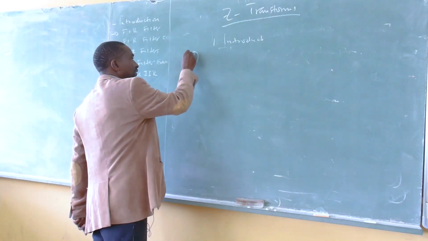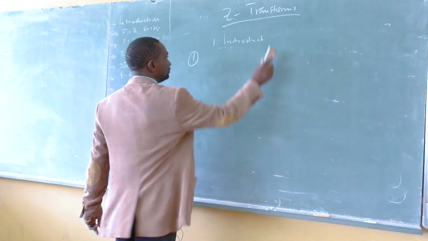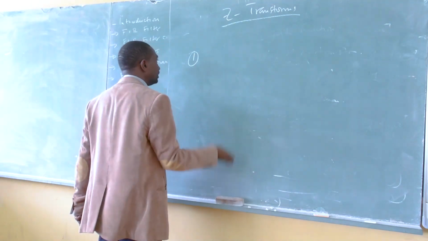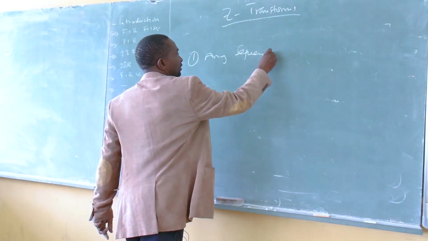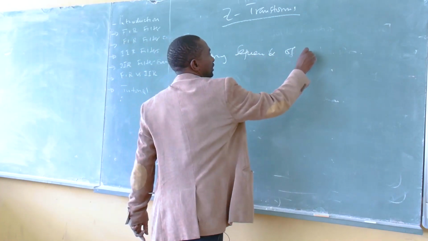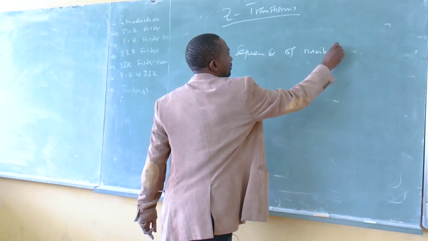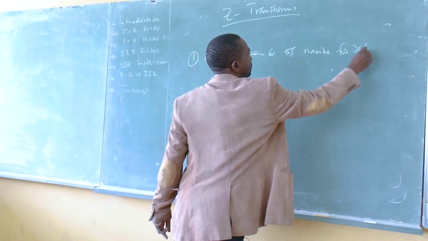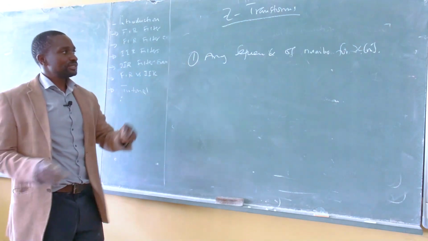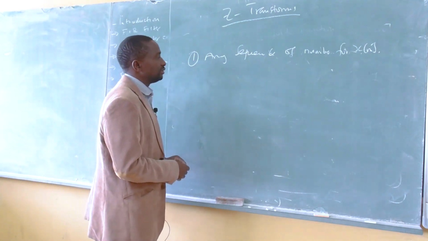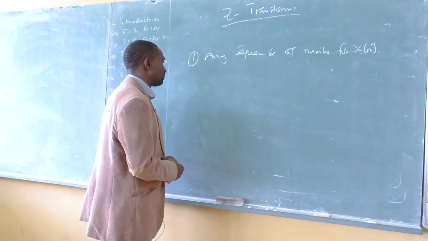So let's look at the first part, where you are given any sequence of numbers for x of n and you are asked to find the Z transform.